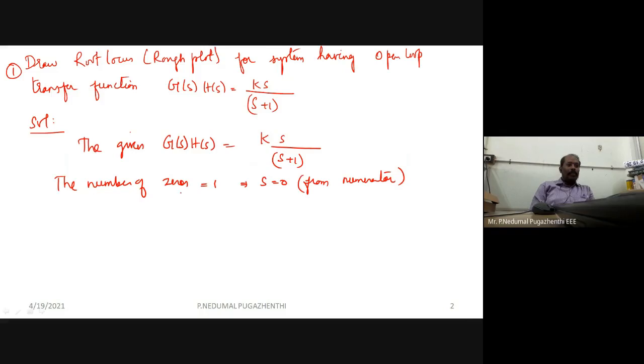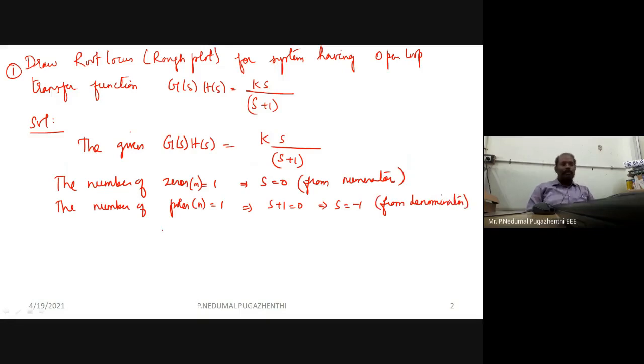This is denoted as m. The number of poles n is equal to 1 again. s plus 1 is equal to 0, which implies s is equal to minus 1, from the denominator. You know how to calculate a pole and a zero. The number of poles is this and the number of zeros is this. So n is equal to 1 and m is equal to 1.